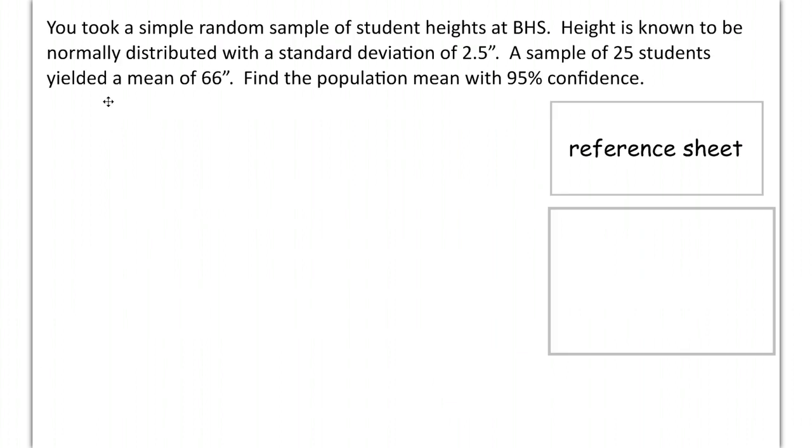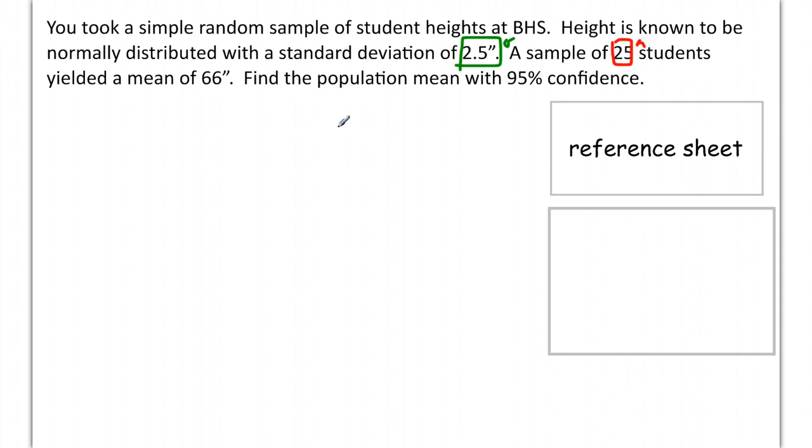Let's do a practice problem with it. You took a simple random sample of student heights at BHS. Height is known to be normally distributed with a standard deviation of 2.5 inches. So we're assuming that we know the population standard deviation here, and it's 2.5 inches. I'm going to label that sigma right away. A sample of 25 students, label that right away again, n is our sample size.